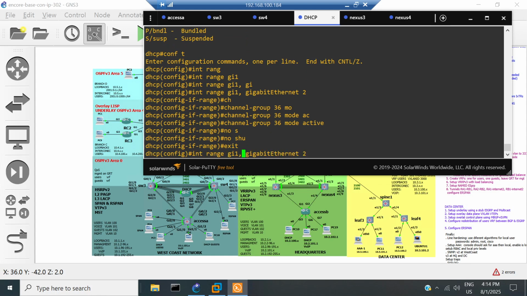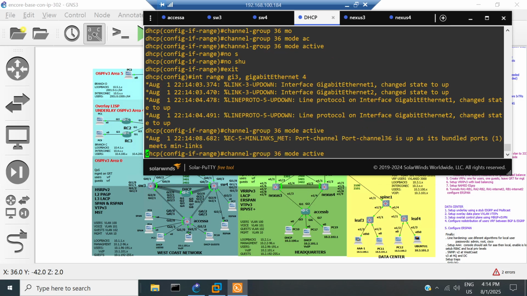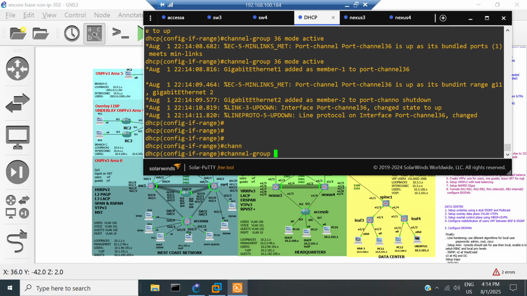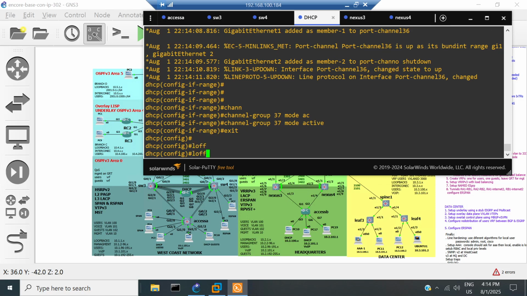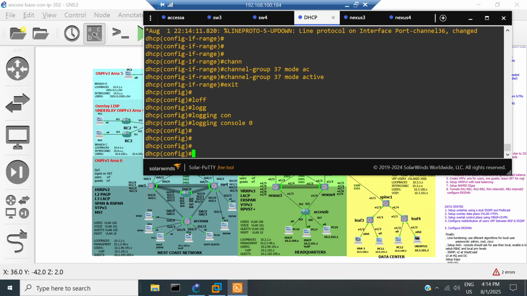And then gigabit 3 and 4 will be channel group number 37, mode active. I'm going to disable the warnings. How do I know what interfaces belong to each EtherChannel? Because I'm taking a look at these interfaces here in the diagram.